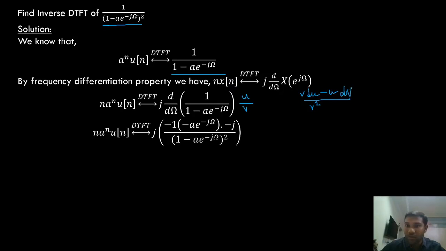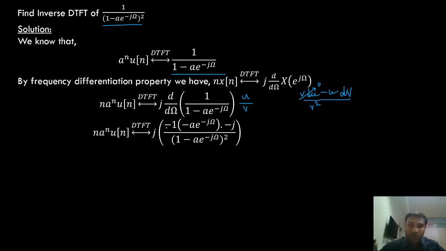Now v is 1 minus a into e power minus j omega, and du, differentiation of 1, is going to be 0. So this term goes to 0, and I have negative u, which is 1, and differentiation of my denominator. If I differentiate the denominator, it's going to be minus a into e power minus j omega into minus j.